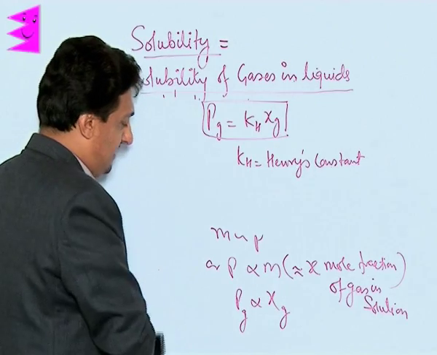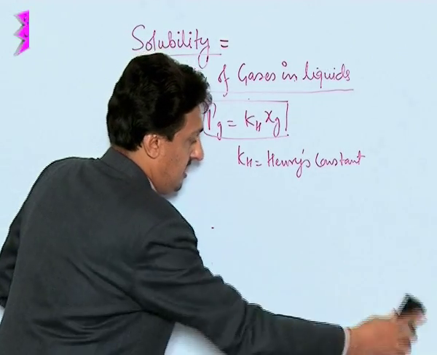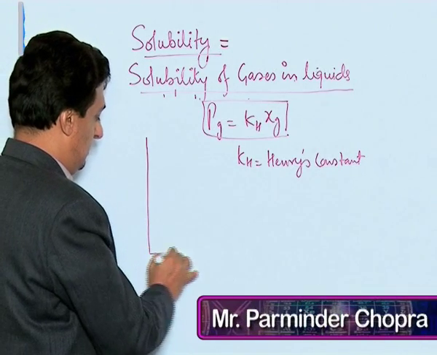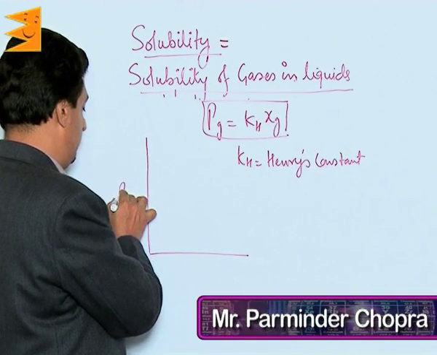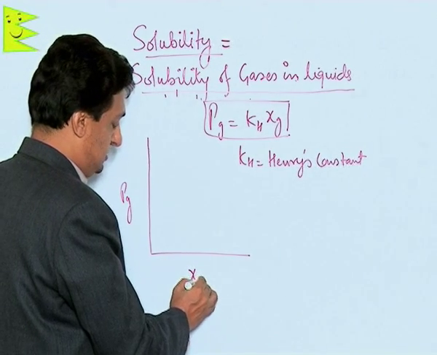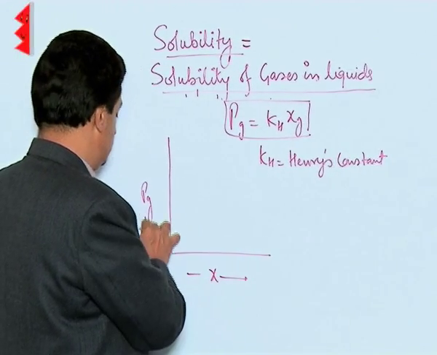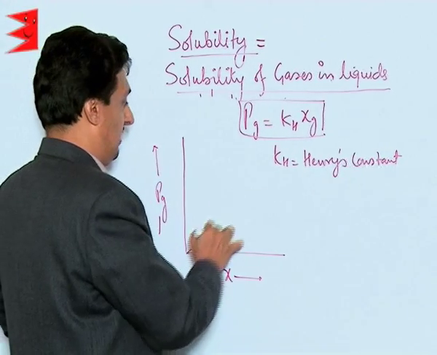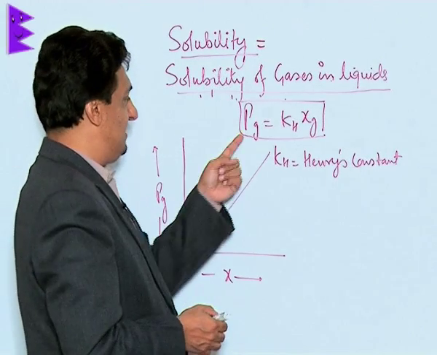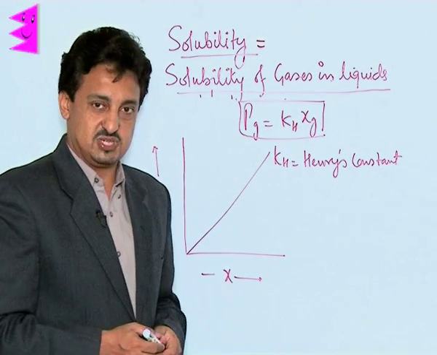We can take the example of the solubility of oxygen with the pressure. When we plot the graph of the oxygen gas pressure against its mole fraction in the solution, we find the graph comes out to be a straight line passing through the origin, which indicates that the pressure is directly proportional to the mole fraction.